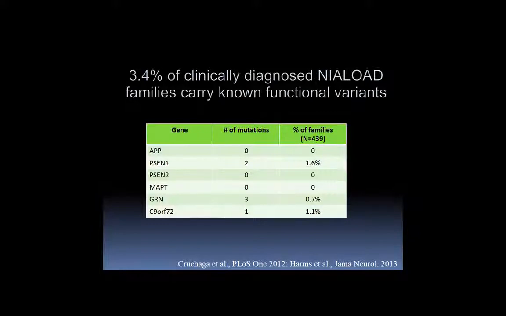And so by this time, we knew, obviously, about APP and Presenilin 1 and Presenilin 2. But we also knew that frontotemporal dementia could be caused by mutations in the tau protein, or MAPT, granulin, and C9orf72.